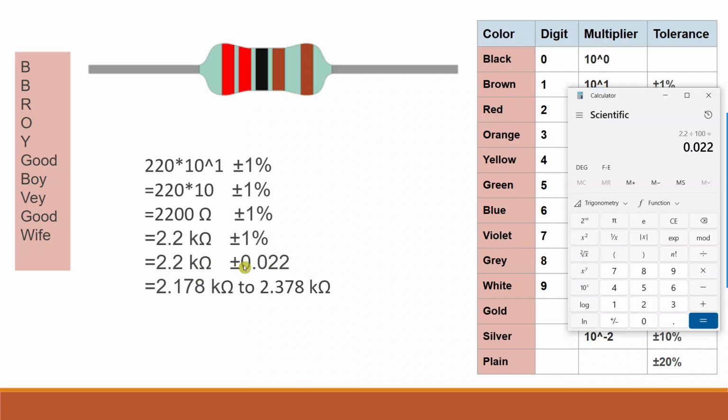After subtraction we are getting 2.178. After adding we are getting 2.222 kilo ohm. That means we can use any value between 2.178 kilo ohm to 2.222 kilo ohm if the exact value is not available in the market.